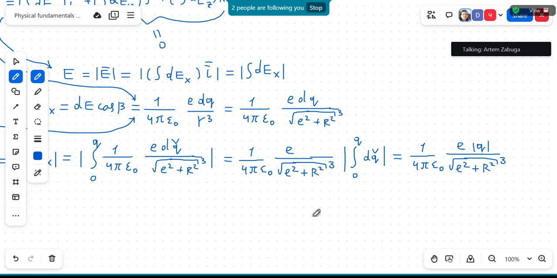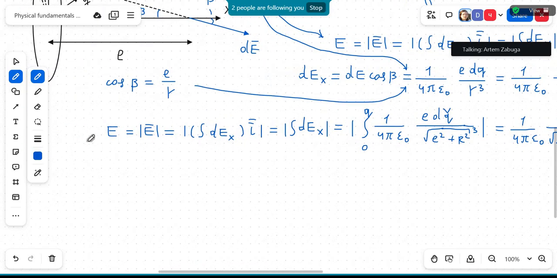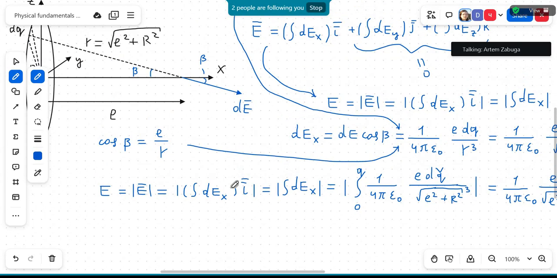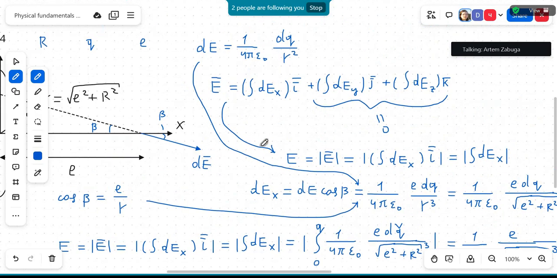Okay, do you have any questions about this? So here we have found the absolute value of electrostatic field intensity on the axis of the ring.